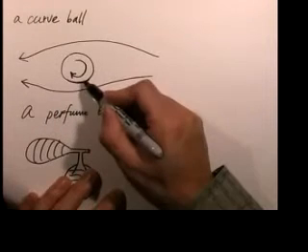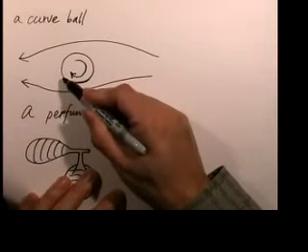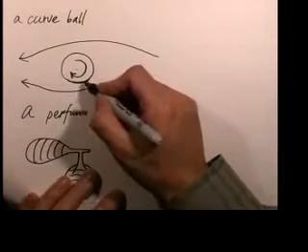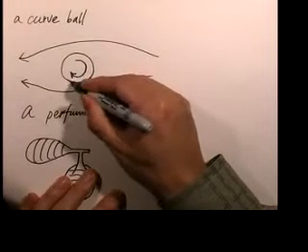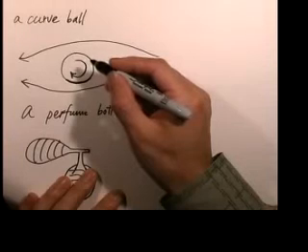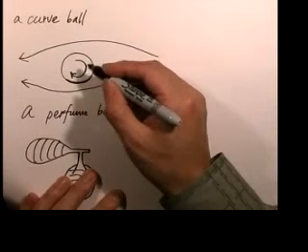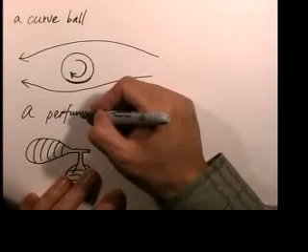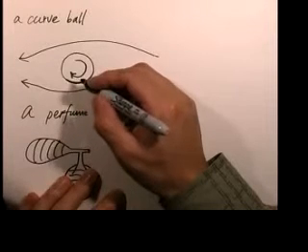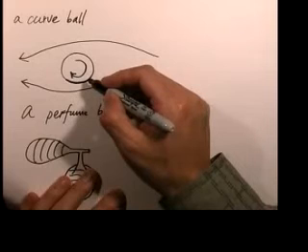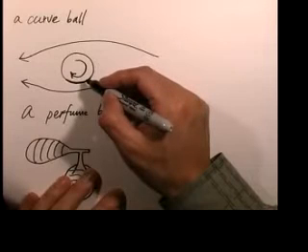That encourages the air to flow backwards, so the air speed would be even higher. What does that tell us? That means the pressure would be lower, because the greater the speed, the lower the air pressure.